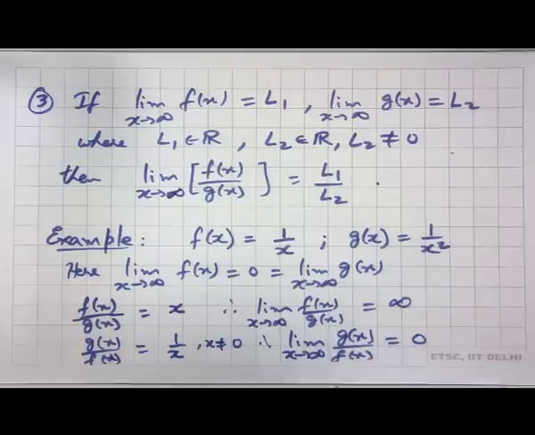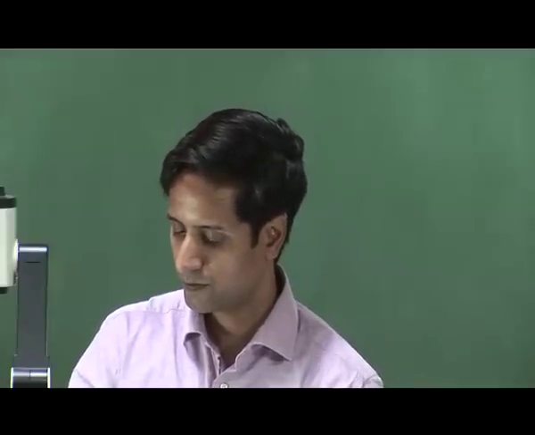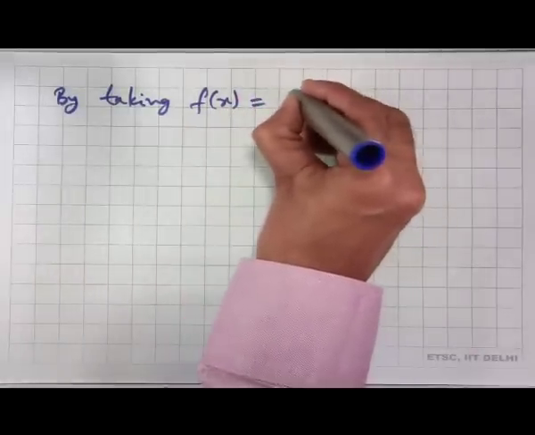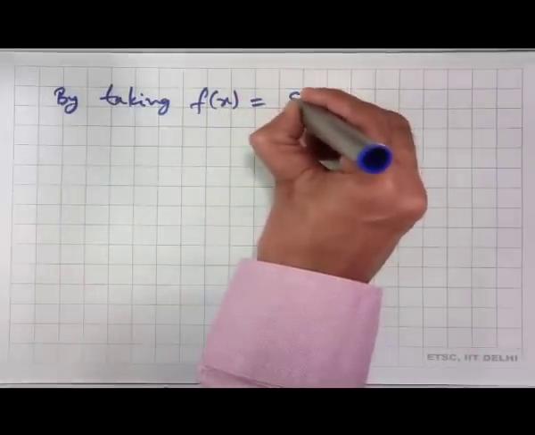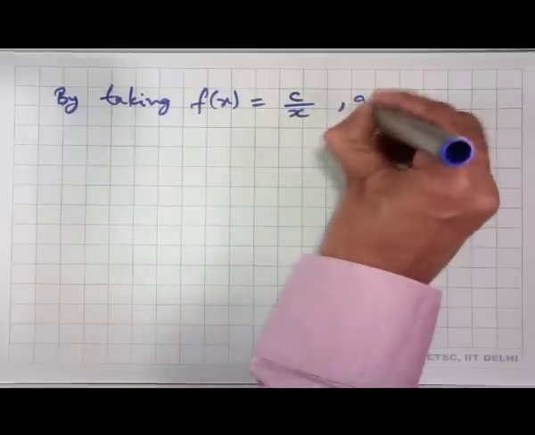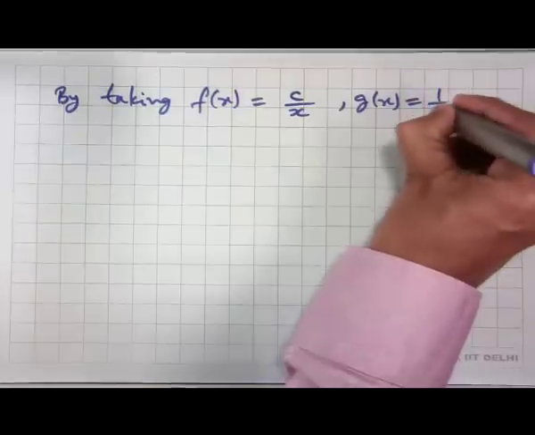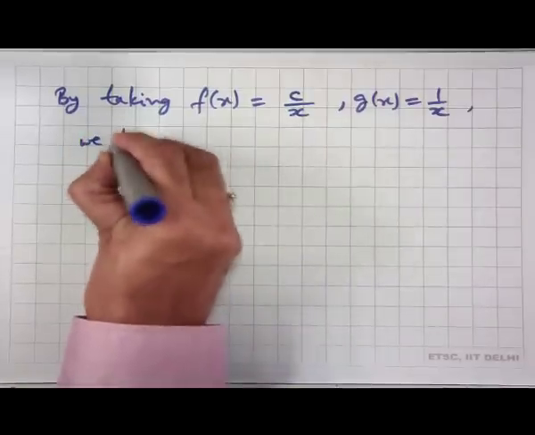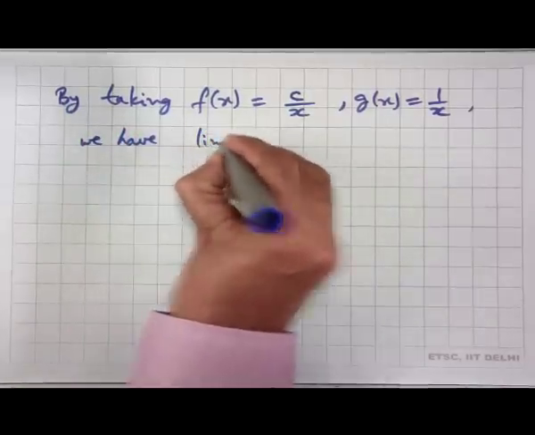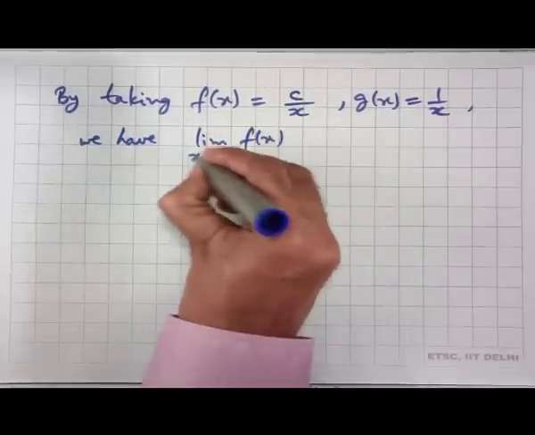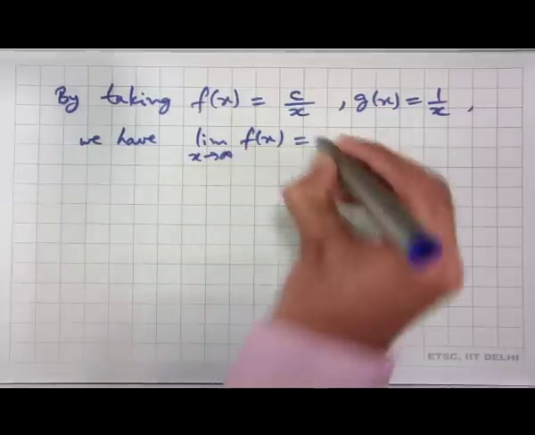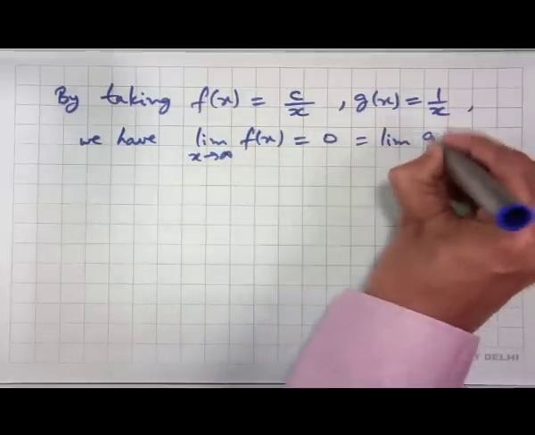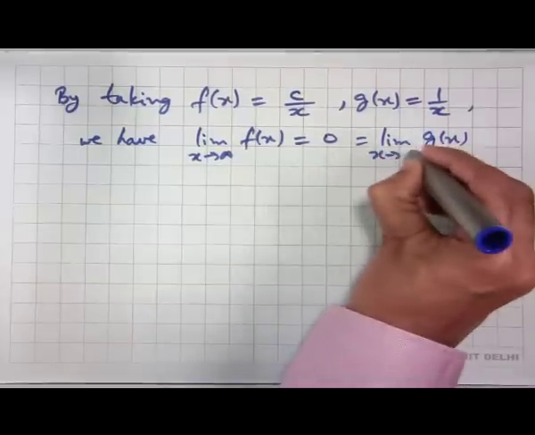And by taking f x equal to, say, a constant c divided by x and g x equal to 1 by x, we see that the limit of f of x as x approaches infinity is equal to 0, which is also the limit of g of x as x approaches infinity.